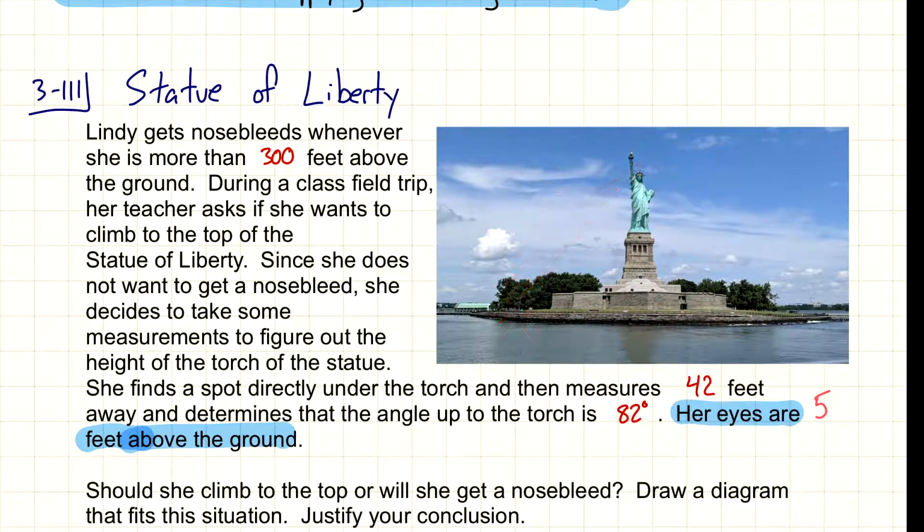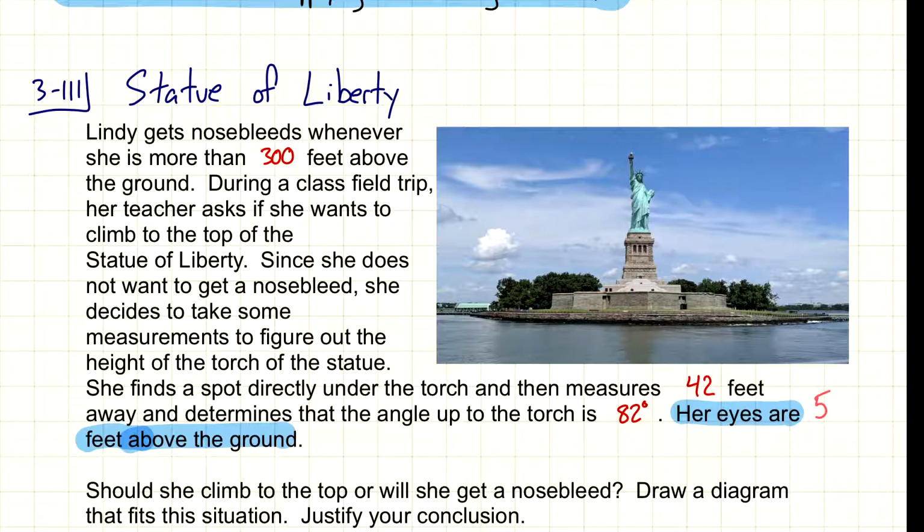Although in this situation, it probably is not going to make much of a difference. But since the numbers are probably going to be large enough where it doesn't matter, but it will have an impact, not necessarily on the angle, but the height. So when she's looking, she's actually 5 feet above the ground. Her eyes are 5 feet above the ground. So there's this little portion that we need to take into consideration.